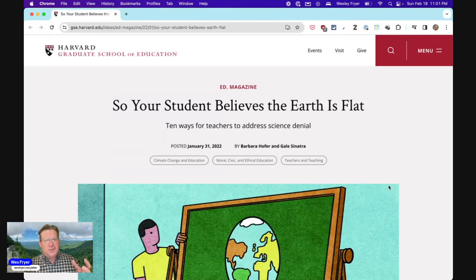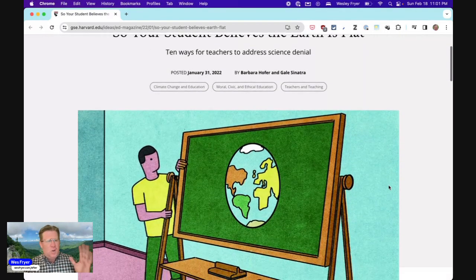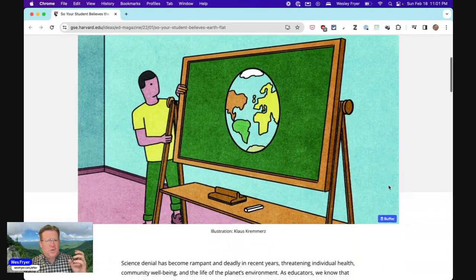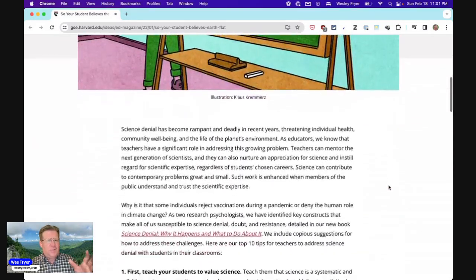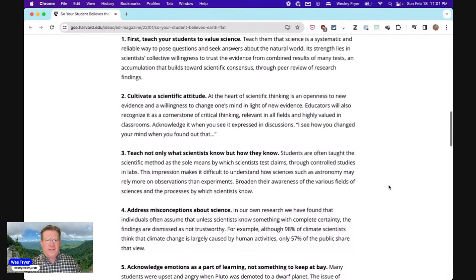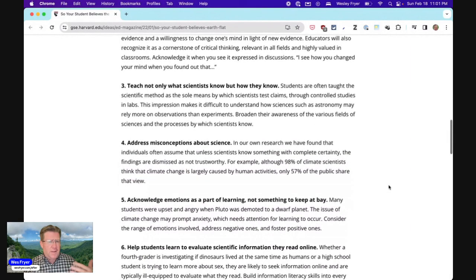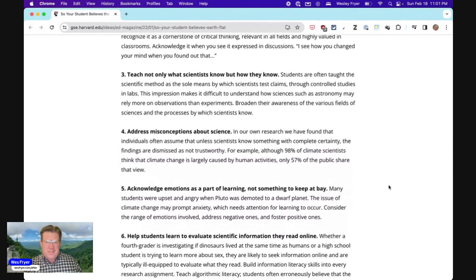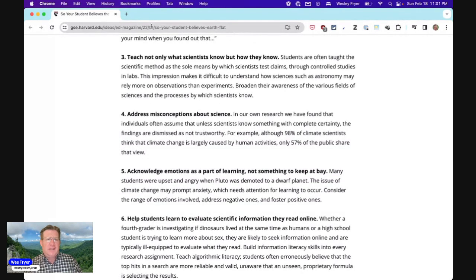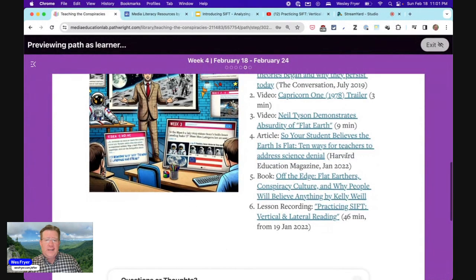But this can also get to the heart of science denial, which we've certainly seen with vaccines and anti-vaxxers. I don't get deeply into that with my students, but this is an excellent article talking about how important it is for us as teachers to cultivate a scientific attitude and an understanding of the scientific method and approach, and misconceptions about science. And it's just excellent. I think that really answers part of that question about why it's so important that we address this.